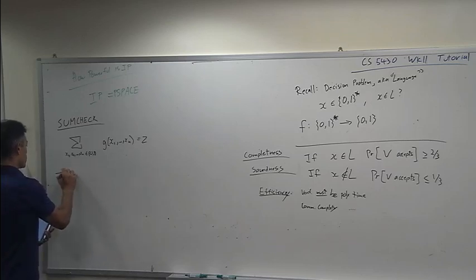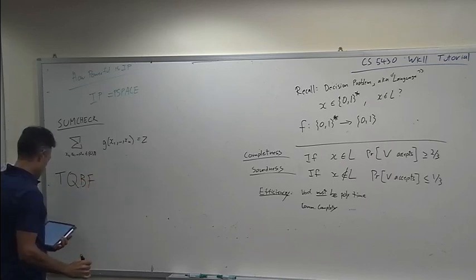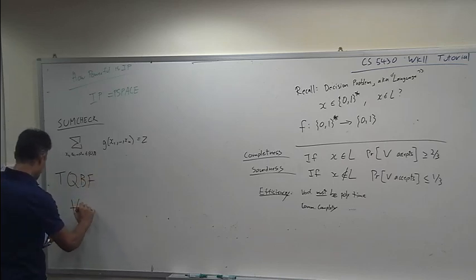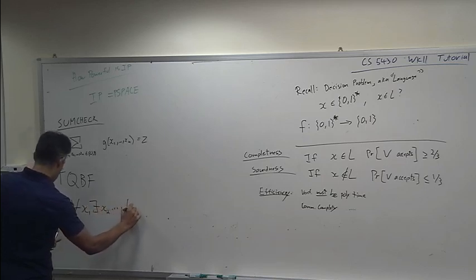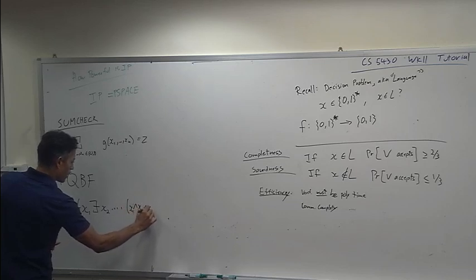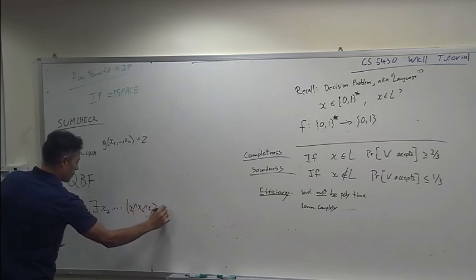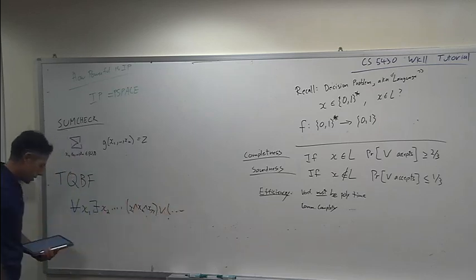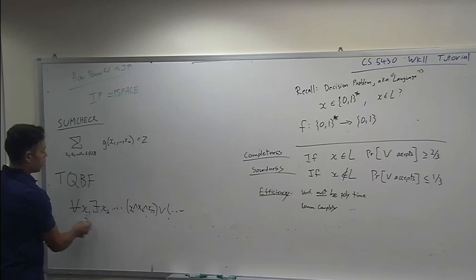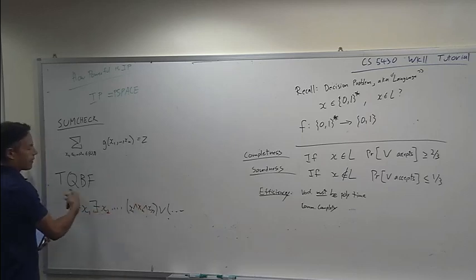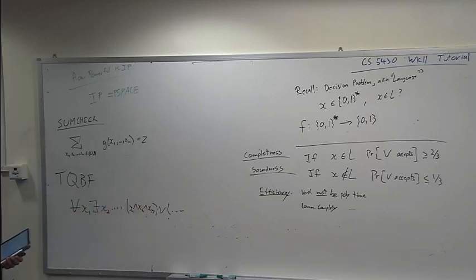You can reduce true quantified Boolean formulas. That's something of the form for any x1 there exists some x2, and so on. Sometimes you might put some of these literals before or after, it doesn't actually matter.